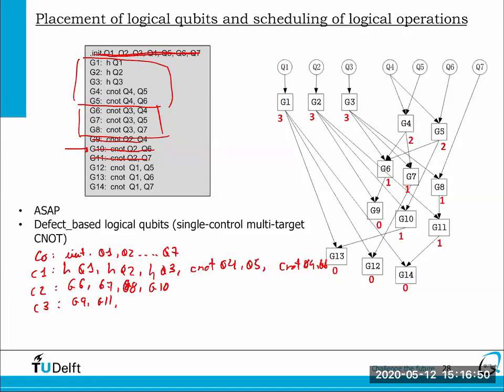Sorry, again, 9, 11? 12 and 13. Yeah. And here, just missing G14, I think, right? Is this clear for everybody?